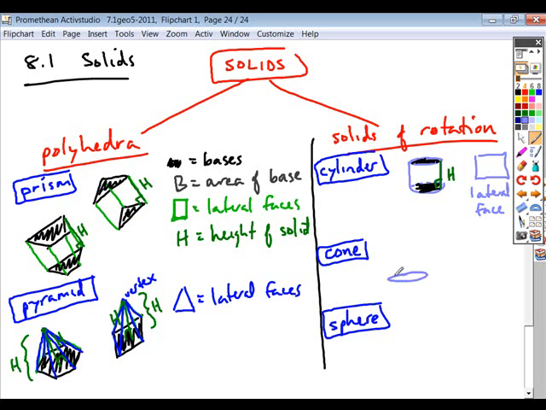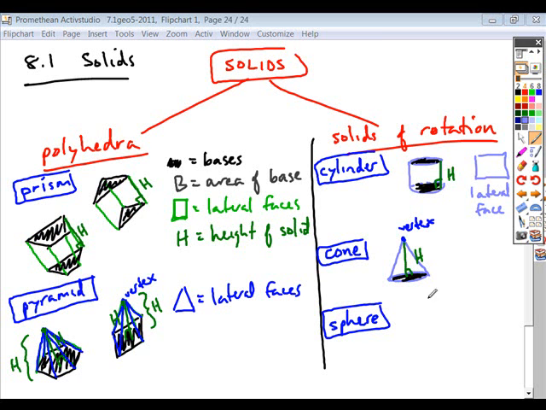For a cone, very similar. You have a circular base, one single base connected to a common vertex. The circle is still your base, and this perpendicular distance from the vertex to the base is again your height of the solid.